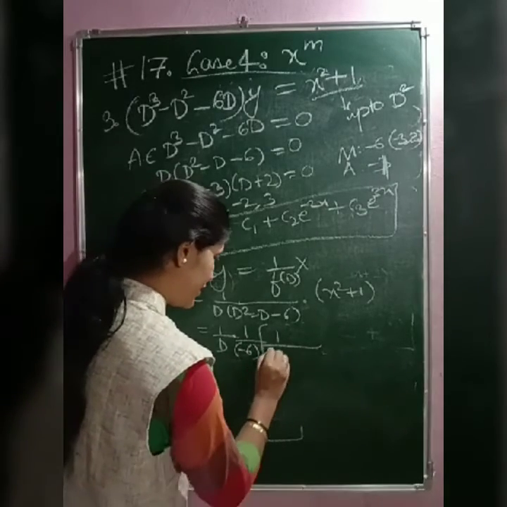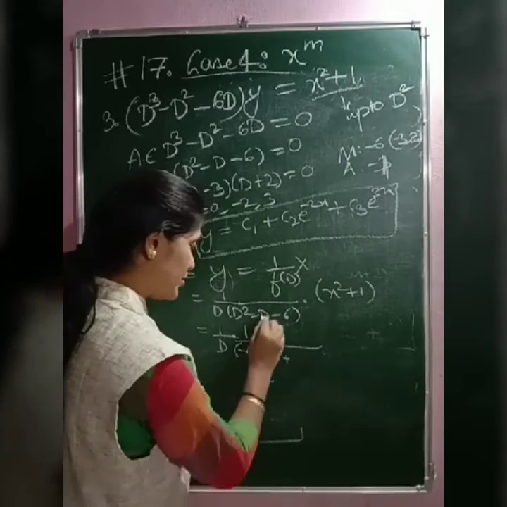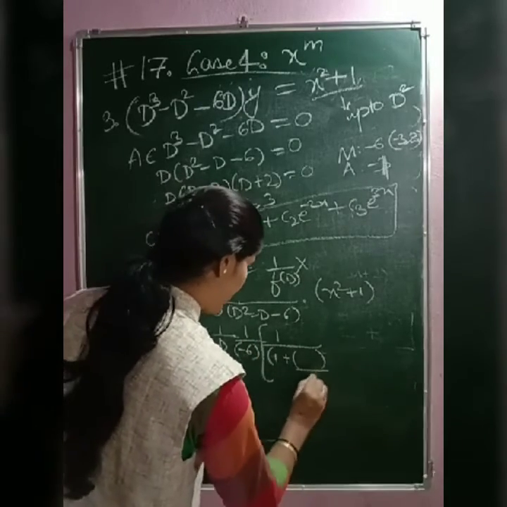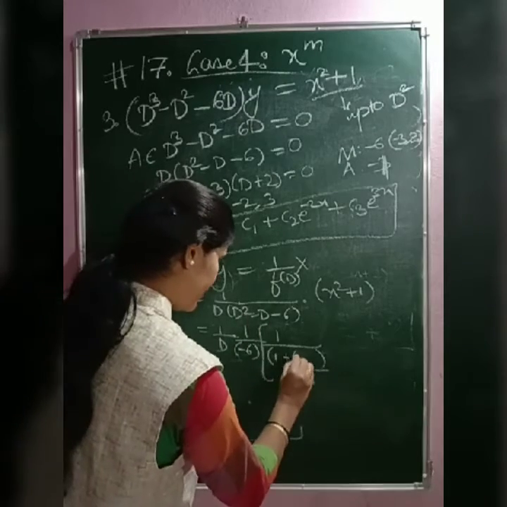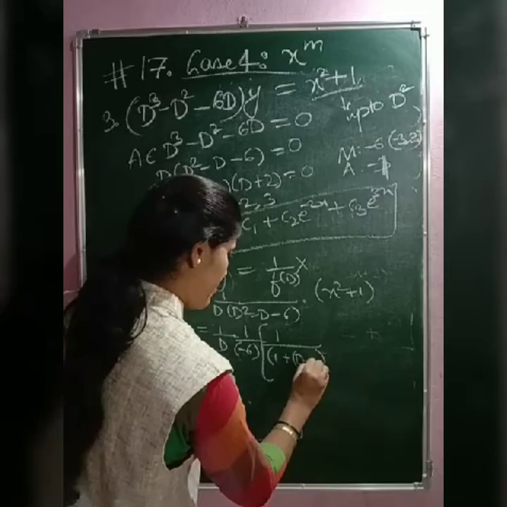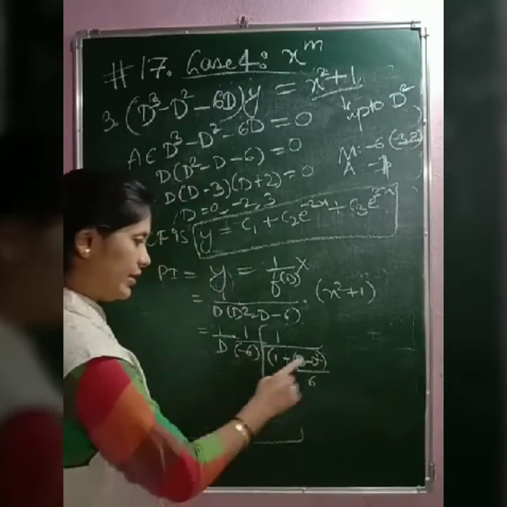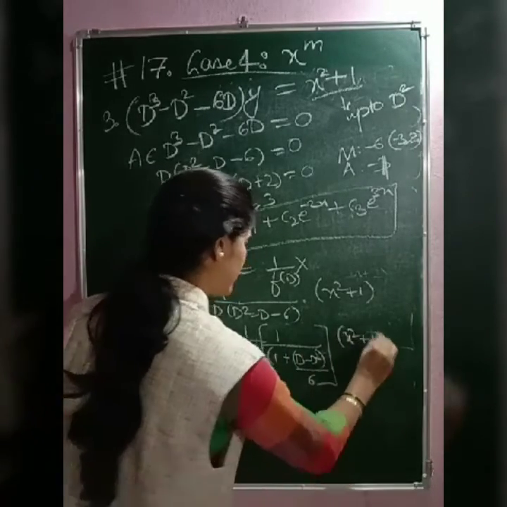So this can be written as 1 by D as it is, 1 by minus 6 taking outside. So what am I left with? 1. Next, it is minus or plus something divided by 6, so it is that D. Now it is minus D and minus D square, now it is plus, of x square plus 1.